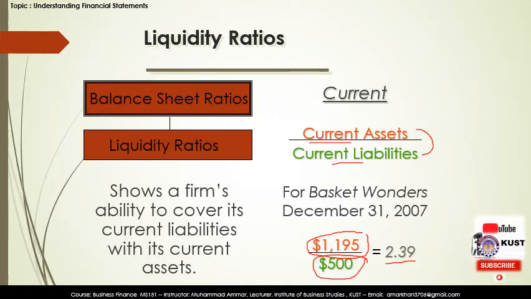Let's suppose if you have one liability, then you have 2.39 of current assets to cover it. Like you can cover those liabilities double through your current assets.